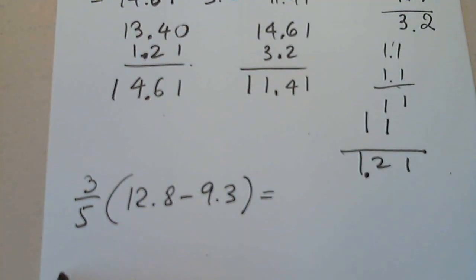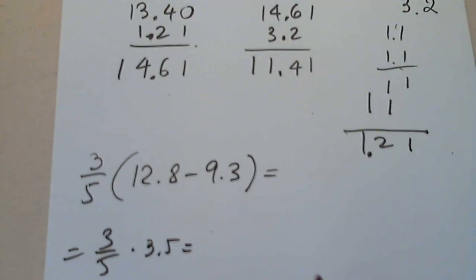So we have to perform the operations in parentheses. What do we get? 3.5. 3.5. This is what we're going to do next.